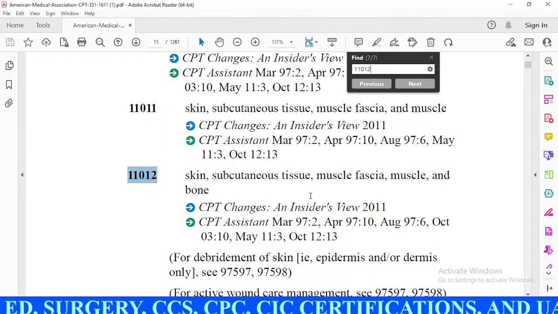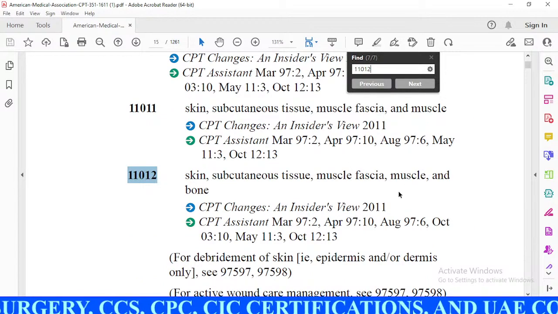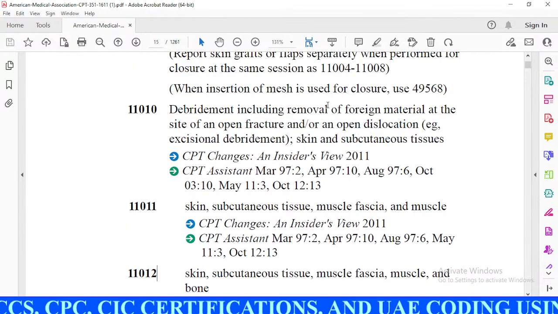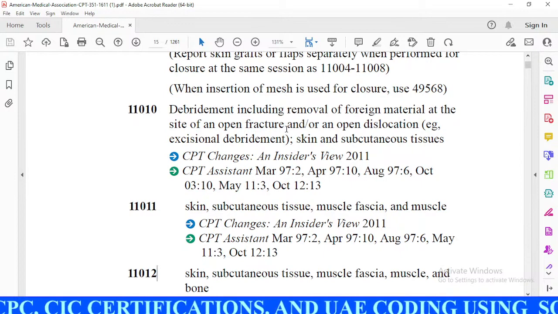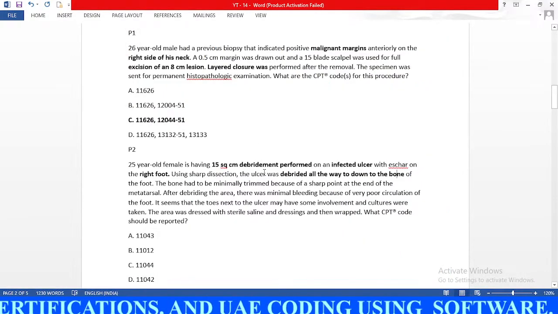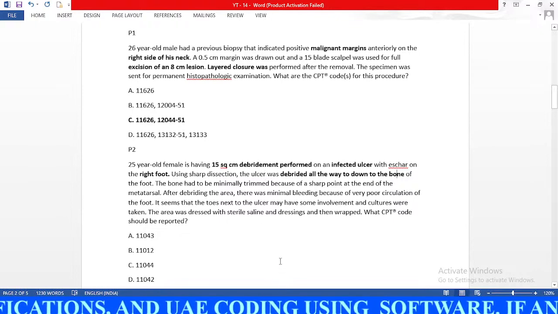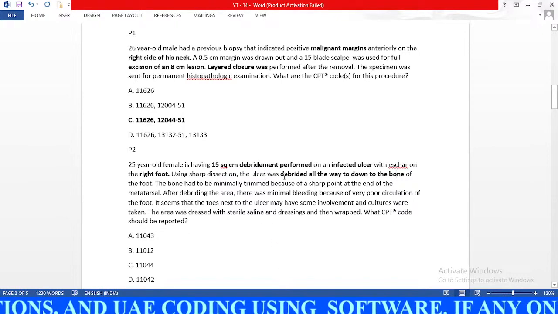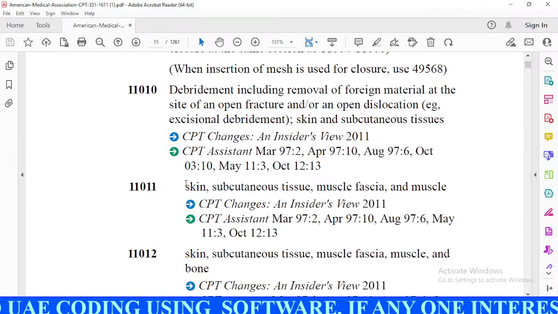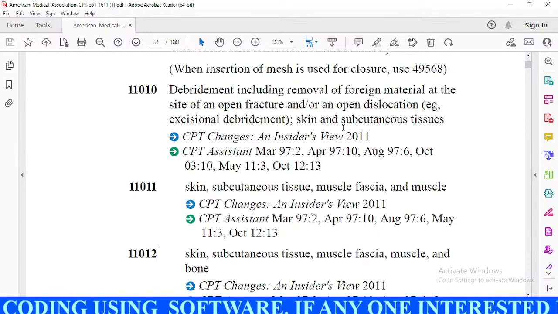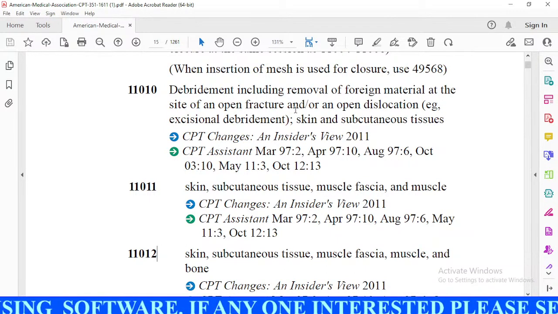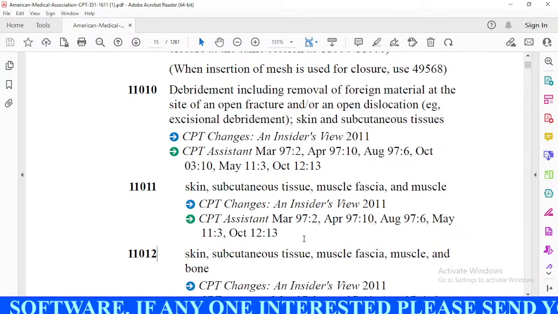See here: skin, subcutaneous tissue, muscle fascia, muscle and bone, but here we need to check for foreign material. In our scenario there is no fracture location, so debridement was not performed at a fracture location. 11012 is also wrong, because this debridement is performed at an open fracture location, but in our question there is no fracture.